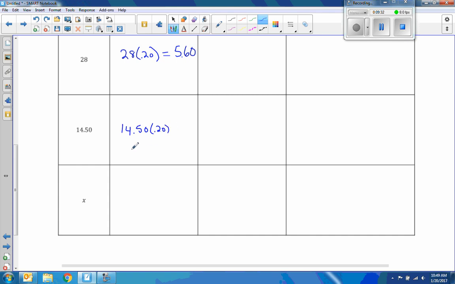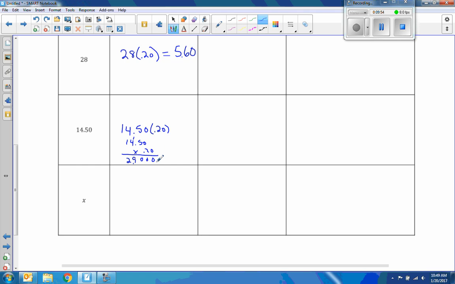Okay, so now I'm going to show this one this way, 14.50 times 0.20. Put the 0 here. 5 times 2 is 10, 4 times 2 is 8, plus 1 is 9, 2 times 1 is 2.